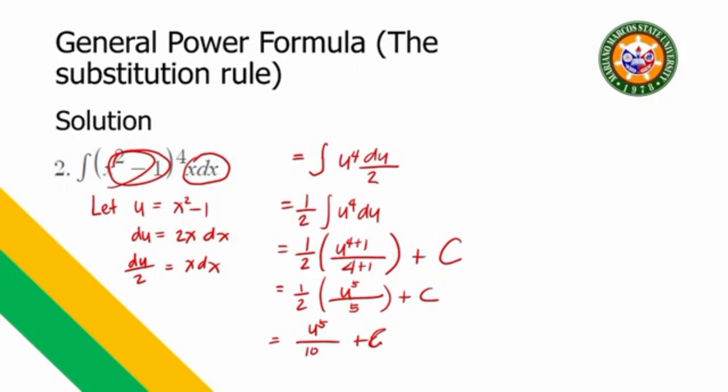This is not yet a function of x, so we need to substitute again. So substituting, u is equal to, from our substitution earlier, x² − 1. So we will have (x² − 1) raised to 5 all over 10 plus c.